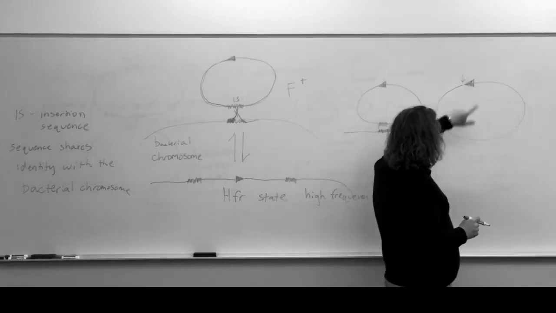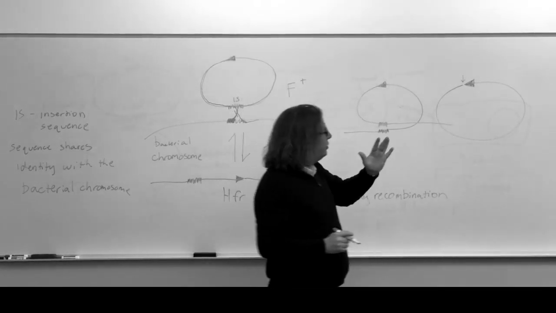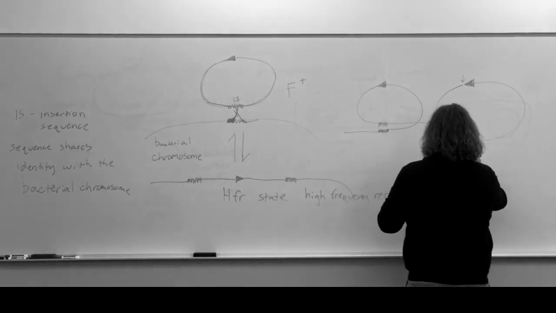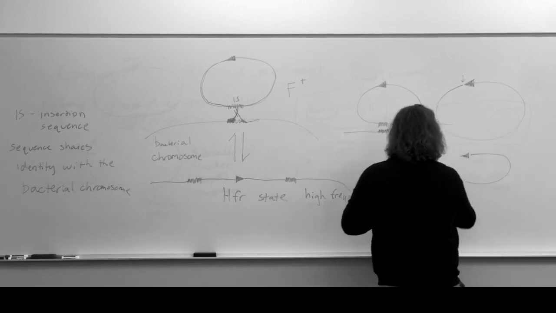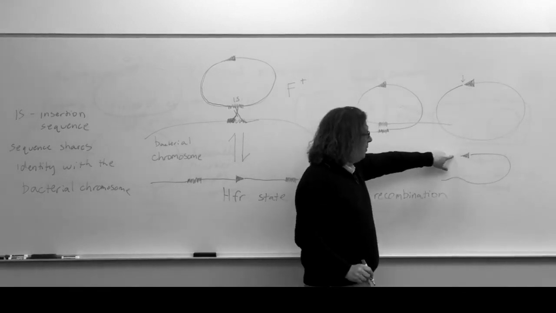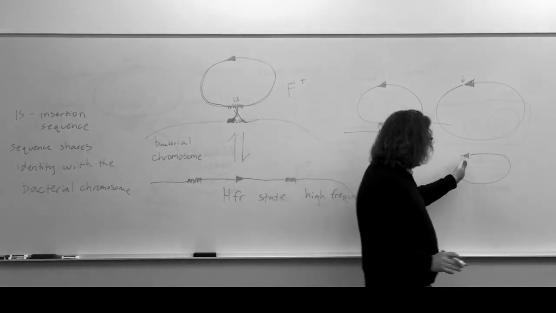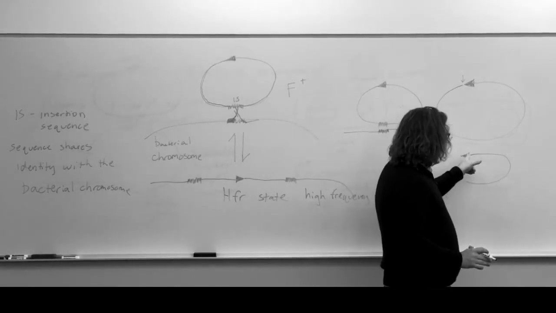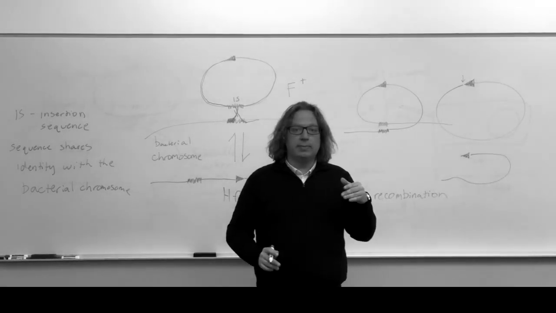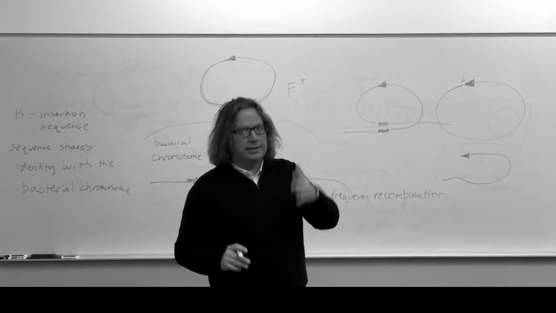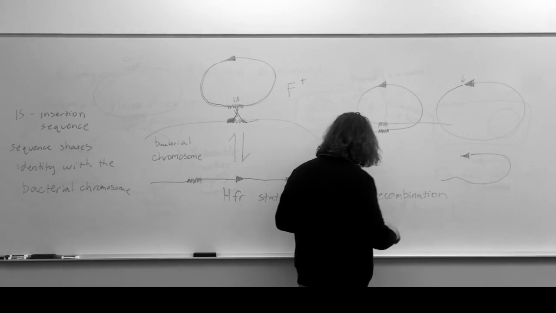So the tip of this arrowhead is where you actually have the cut of DNA, and then you actually have a transfer of DNA from one cell to another that starts from the tip of this arrow. So the arrow leads the way. Everything behind this arrow gets taken in the order that it occurs behind this arrow. In the case of a plasmid, this transfer is very rapid because it's a small piece of DNA.